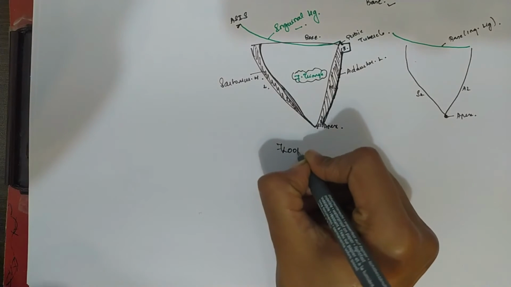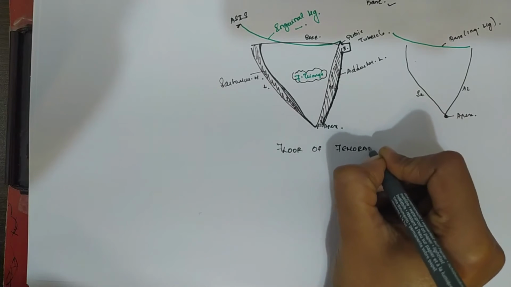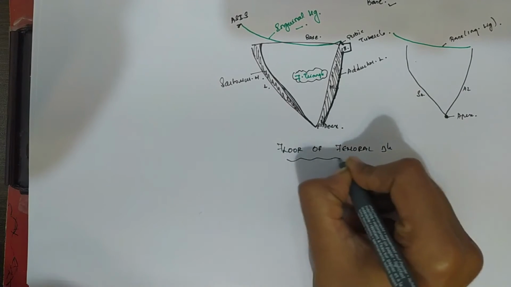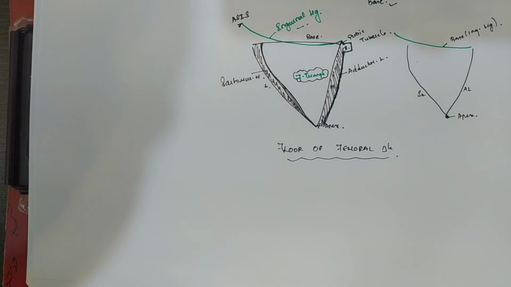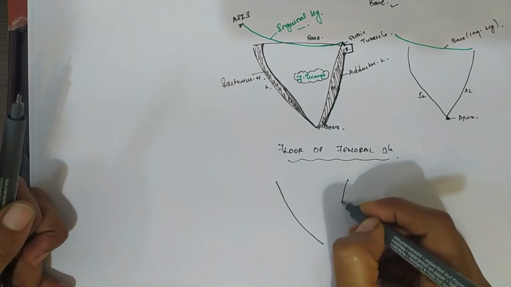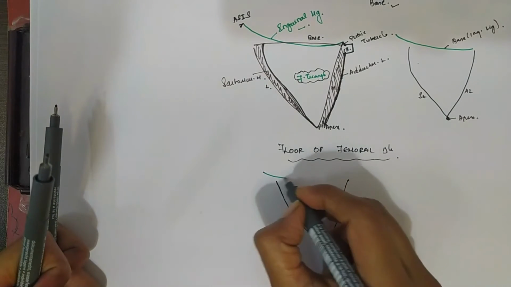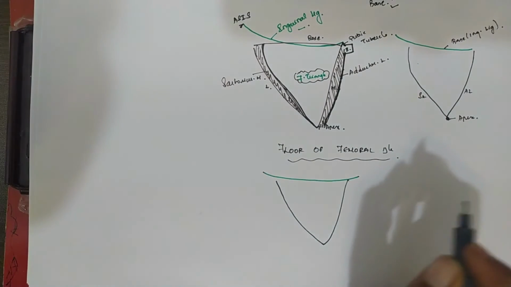So the floor of the femoral triangle. To talk about the floor of the femoral triangle, we have got again 4 muscles contributing. As you know, the triangular depression is present over here, which is contributed by all the boundaries we have seen.